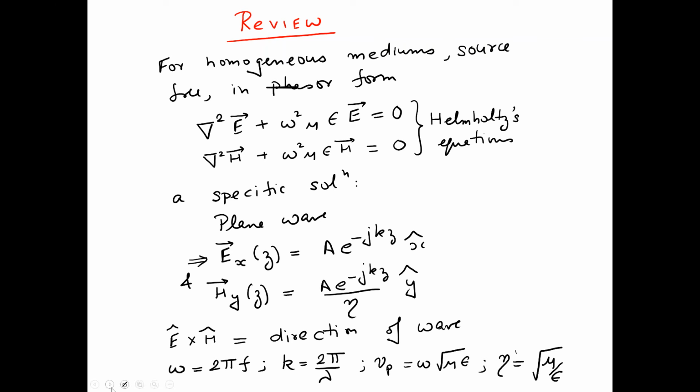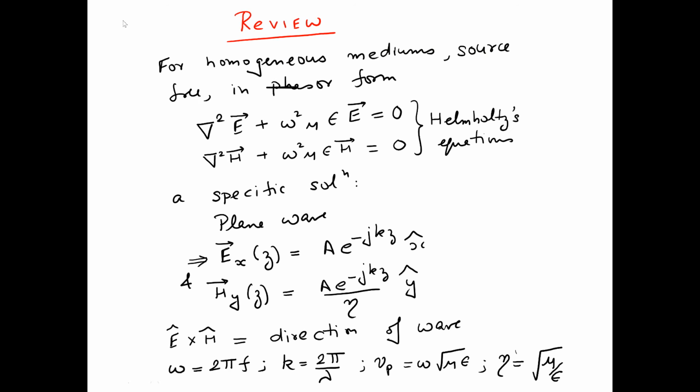Let's now extend this, and what we want to do today is see what happens when we go through different mediums. Let's start with the simplest case, and this is the lossless dielectric.